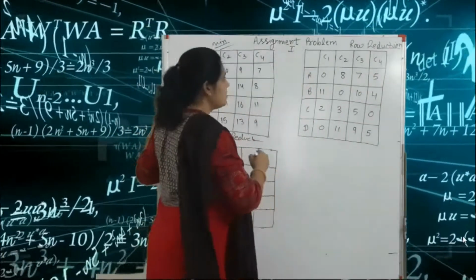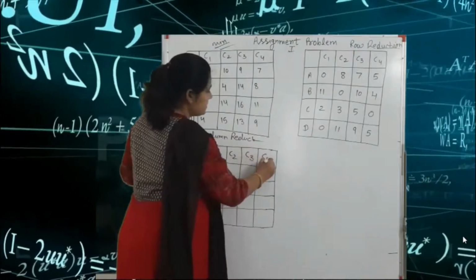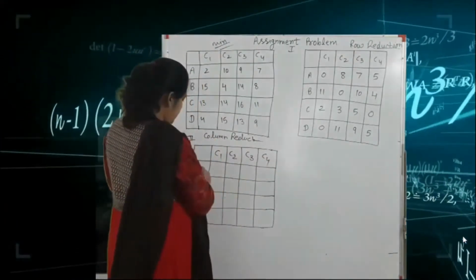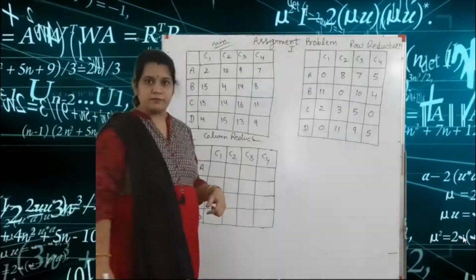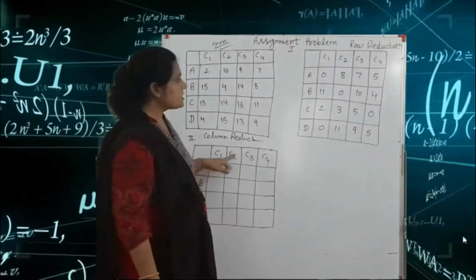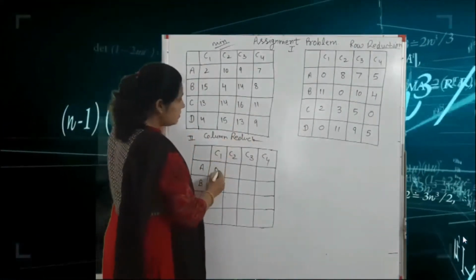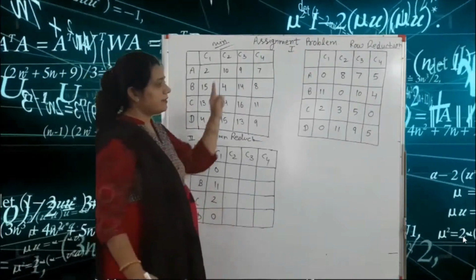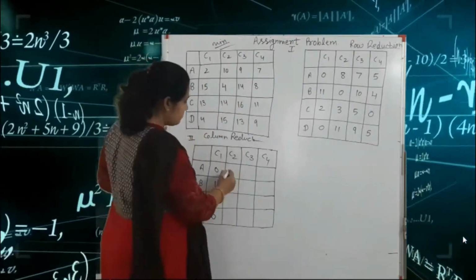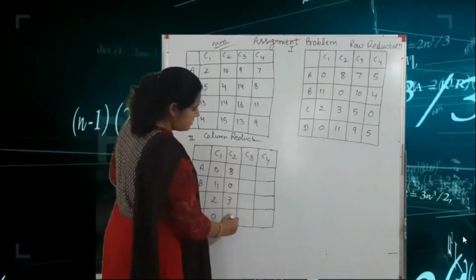So first we write C1, C2, C3, C4 and A, B, C, D. The first column has 2 zeros, so we write it as it is: 0, 11, 2, and 0. The second column also includes a zero, so 8, 0, 3, and 11.